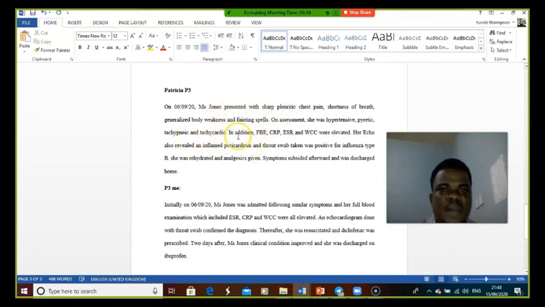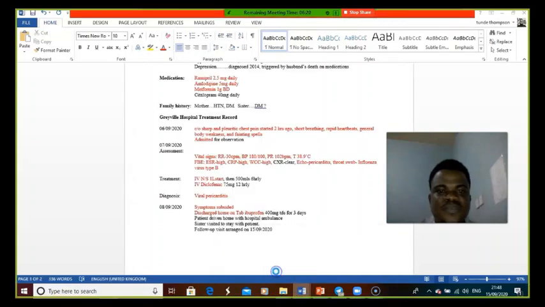Here you say "in addition, full blood examination." Remember in the case note, let's go back to that case note again. From the case notes, look at what they said.